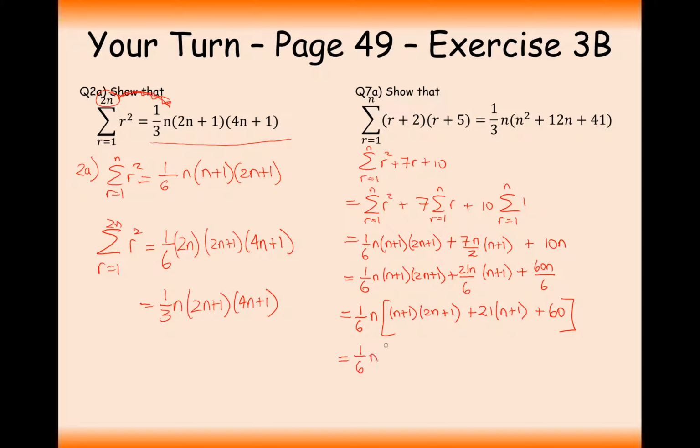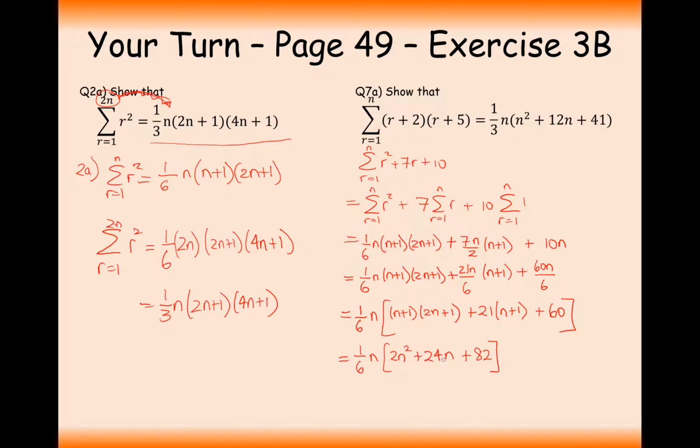Now we just need to sort out what we have left inside this square bracket here. So I've got 2n squared. I'll have 3n plus another 21n, so I'll have 24n. And I'll have 1 plus 21, that's 22, plus 60, so that'll be 82.